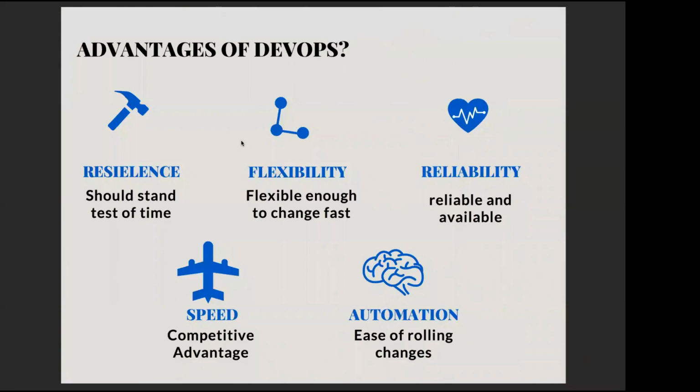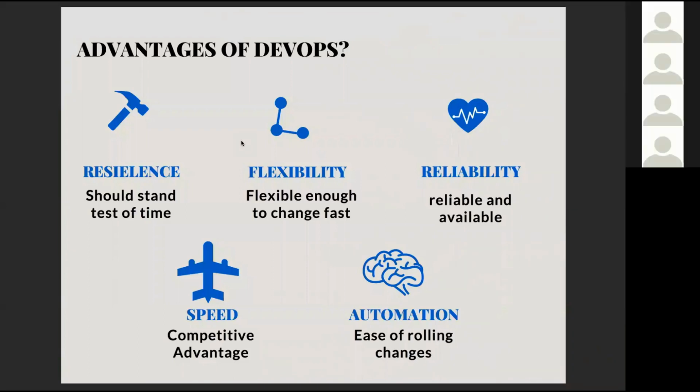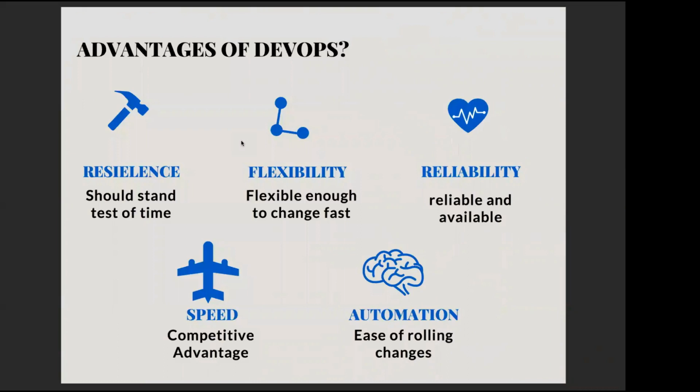And then it also helps us achieve speed. So the companies who follow DevOps, some deploy 50 times a day, some deploy every second of a day, and then some do once a month, or once a week. So DevOps will enable you to achieve all of those. You can go as fast as you want, or as slow as you want.